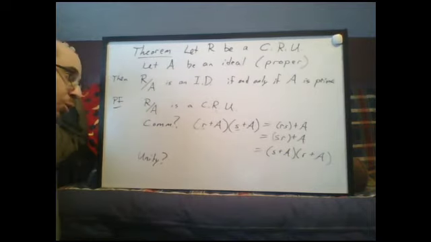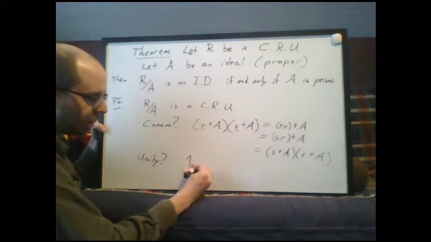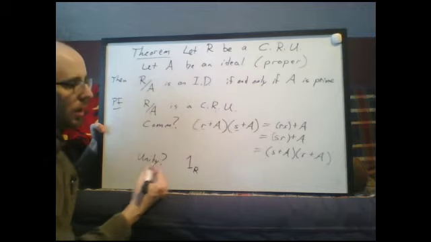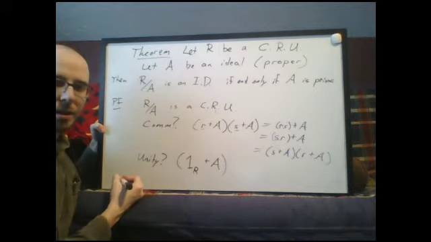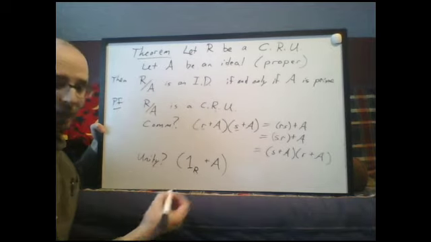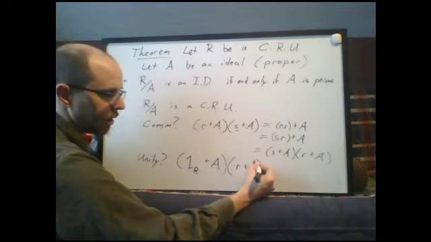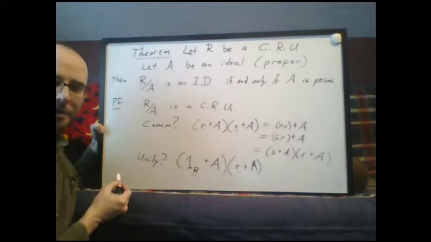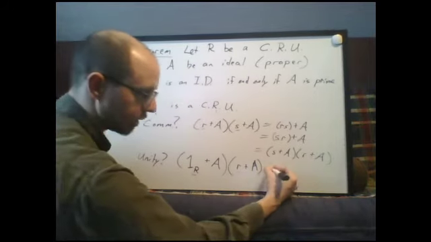So then what is the unity element of R mod A? Well, we know that R has a unity element called 1 sub R. If I just take its coset, this will be a multiplicative identity. So I can check, I'll just do one of them. If I multiply this times anything, I'm going to multiply the representatives. 1 times R would be R plus A, so I'd get R plus A as my outcome.